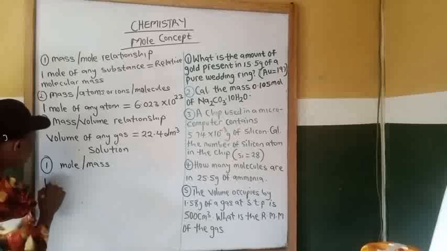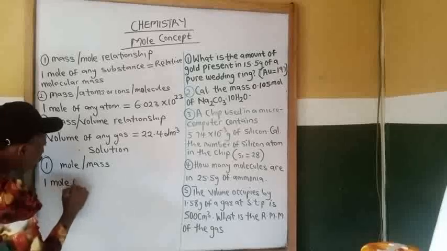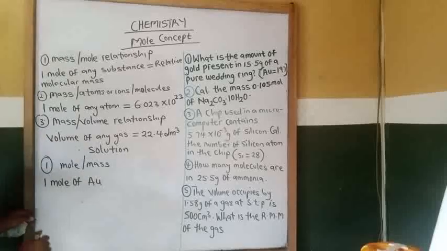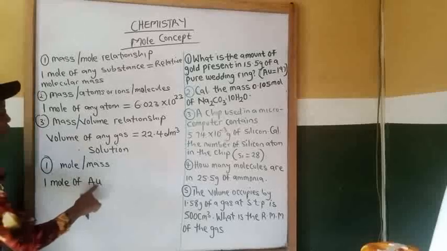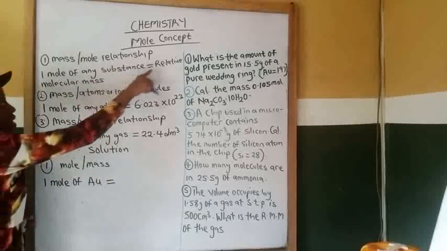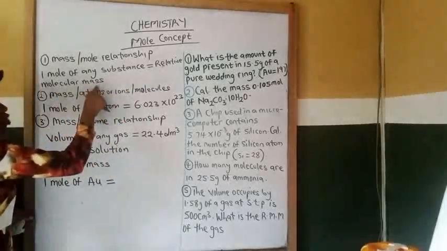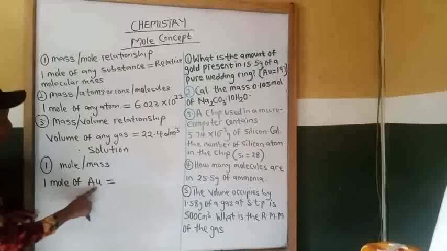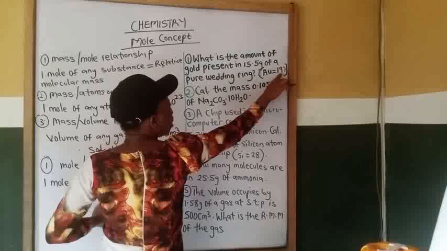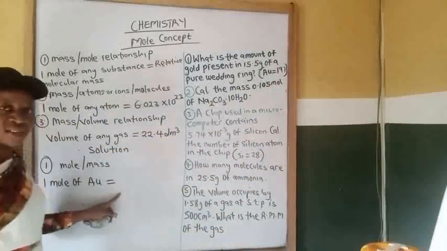We'll say 1 mole of gold, which is Au. The symbol for gold is Au. 1 mole of gold is equal to the relative molecular mass of the substance. So 1 mole of gold is equal to the molar mass of gold, and the molar mass of gold is 197.